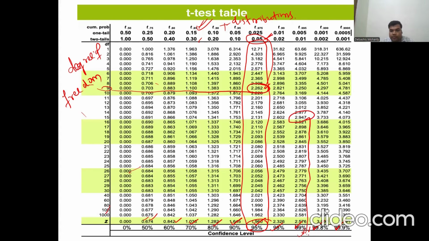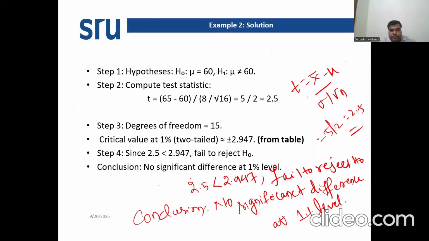Here the 99% confidence level, and the value is 2.947. Alright, students? So 2.947 is at 15 degrees of freedom. It means the two-tailed test at 0.01 significance level. Right, so using that only, we calculate this value.